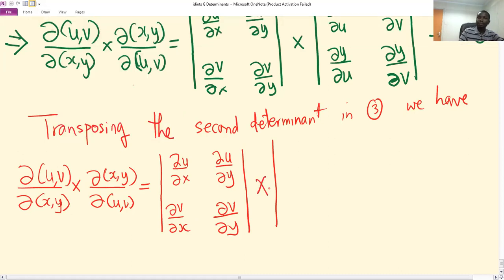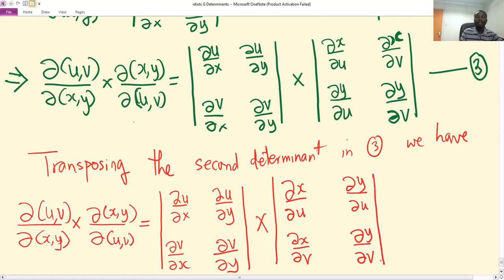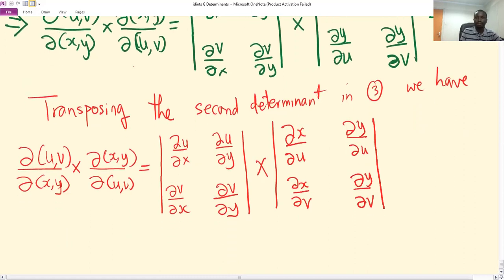So we'll have partial x partial u, partial x partial v, partial y partial u, partial y partial v. There's nothing we have changed on the value of the determinant. The transpose of a matrix doesn't change its determinant.